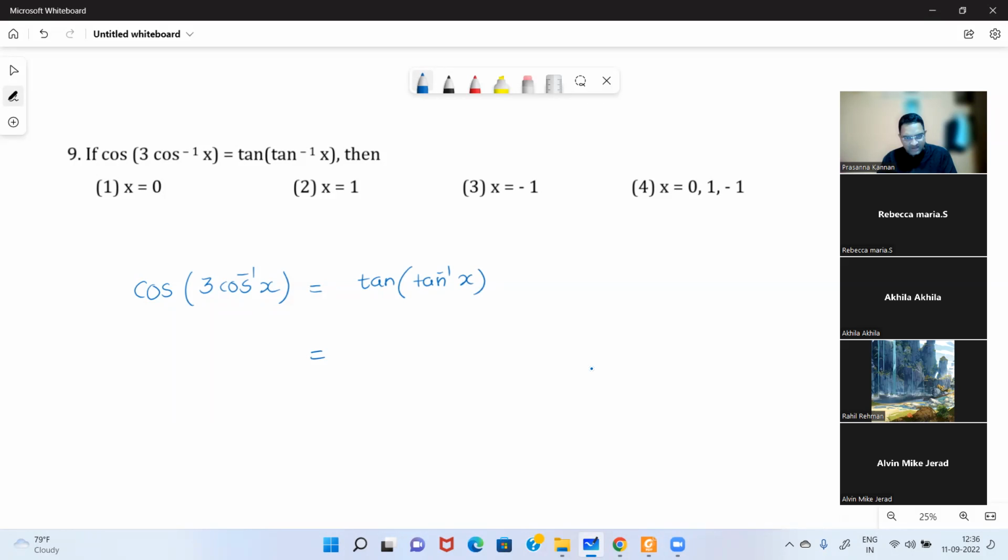So tan of tan inverse x is nothing but x, or tan inverse of tan x is also x, as long as x is lying within the respective domain. Correct? Clear? Yes, sir. On the left hand side, cos of 3 cos inverse x. Clear?